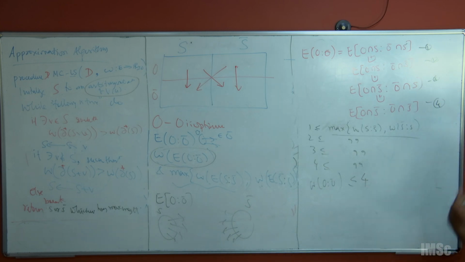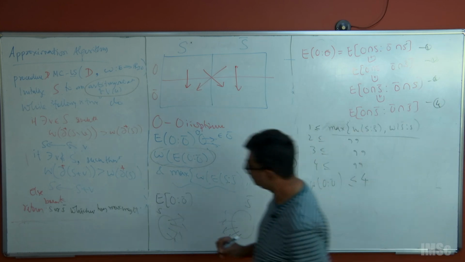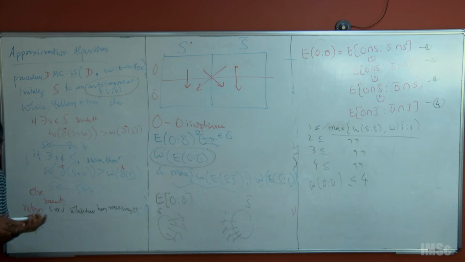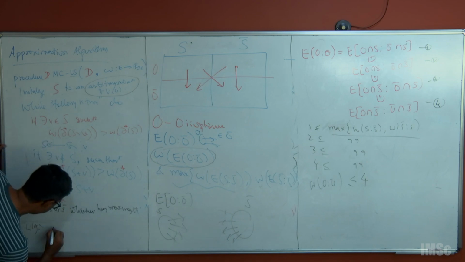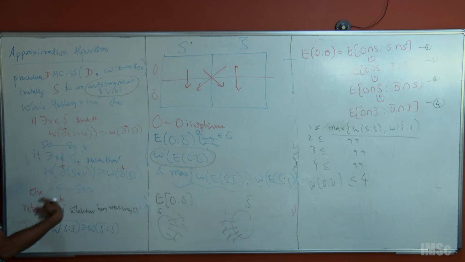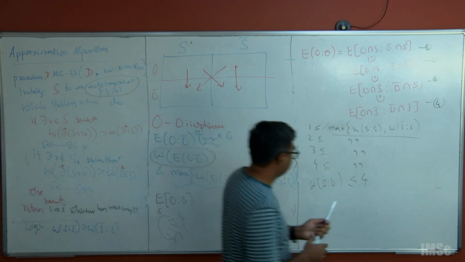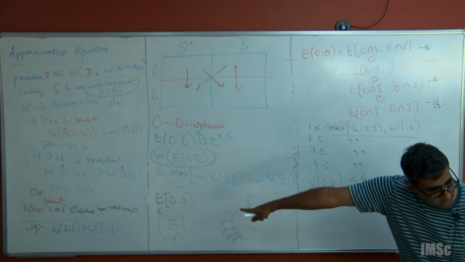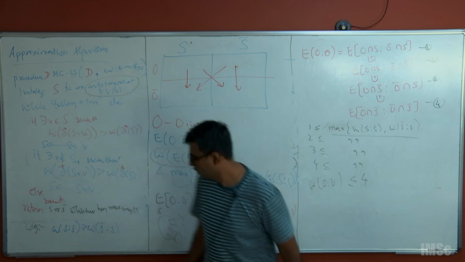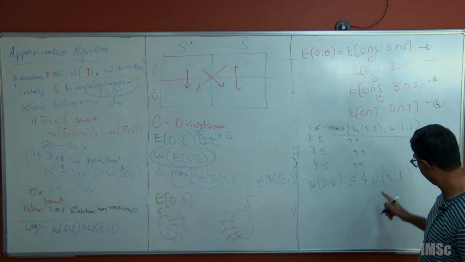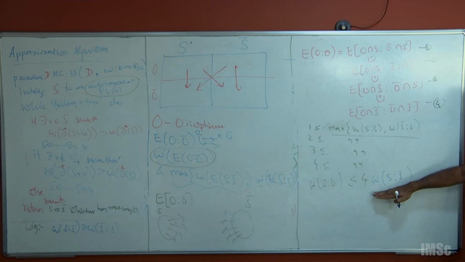Without loss of generality, let's assume, and it will not matter, that weight of S to S bar is greater than or equal to weight of S bar to S. Whichever is the maximum, in this case you will return S. Then this implies 4 times weight of S to S bar, and then you have an approximation. The weight of what you are returning is at least this much, and then you are happy.